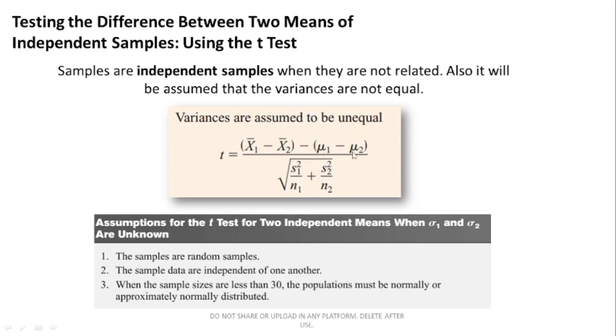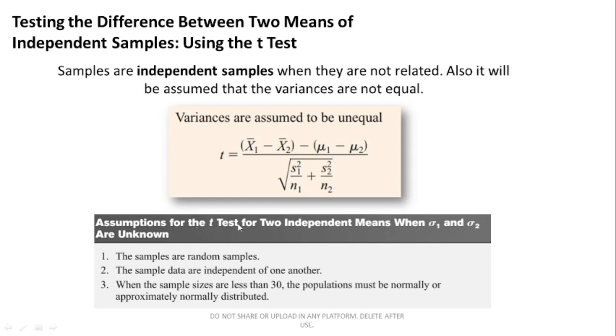Most of the time, itong difference of the population mean is 0 kasi hindi yan usually given kapag ang pinagko-compare natin ay two means of independent sample. Ang mga given lang usually dyan ay itong sample mean natin, hindi yung population mean.